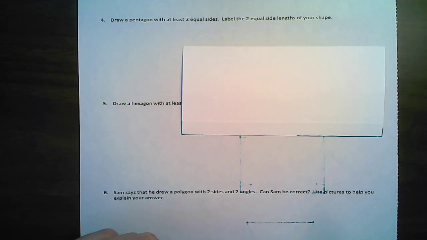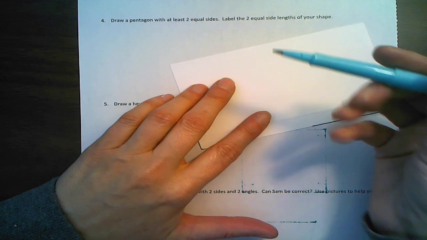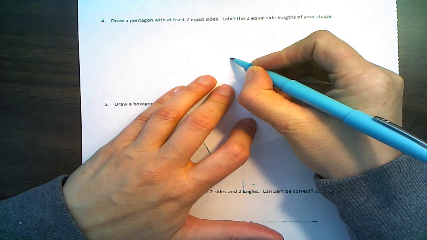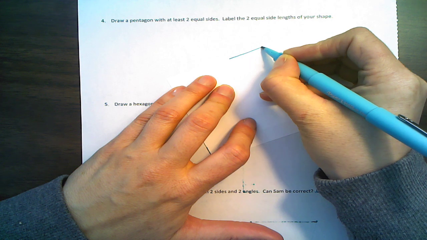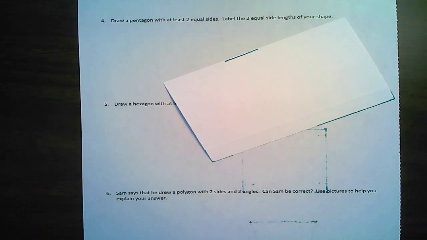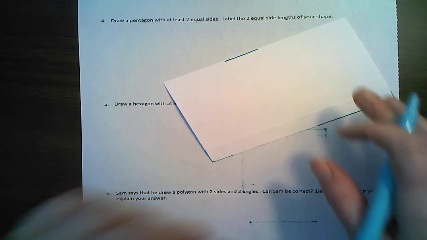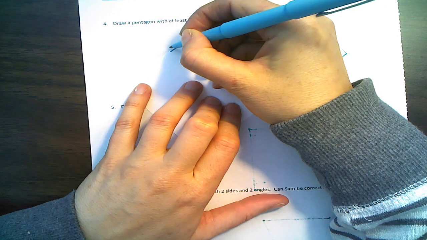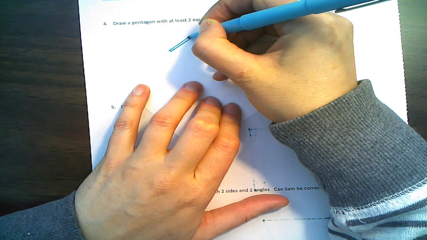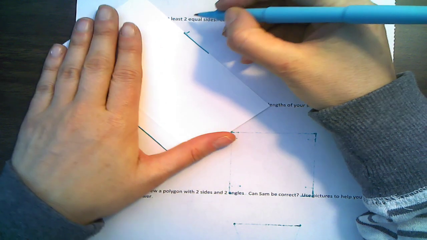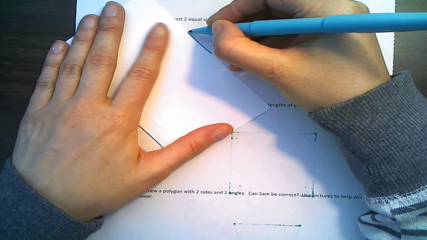So I'm going to, again, use my straight edge so that I know that I have equal sides. I'm going to draw one side like that length. Then I will know that I have 2 sides that are equal. And one more.